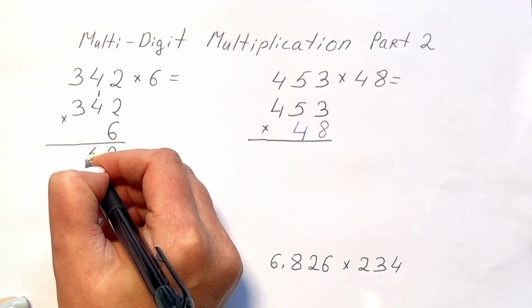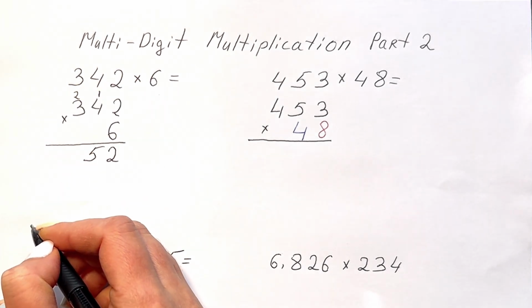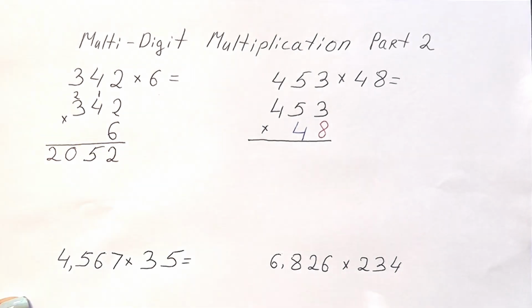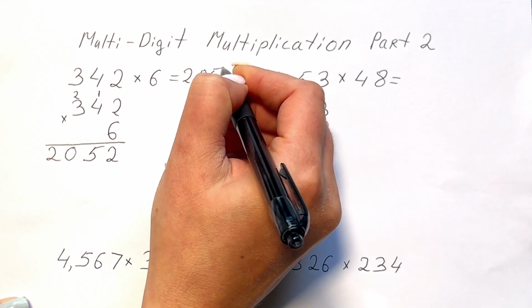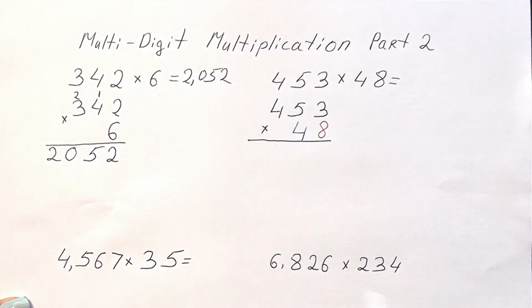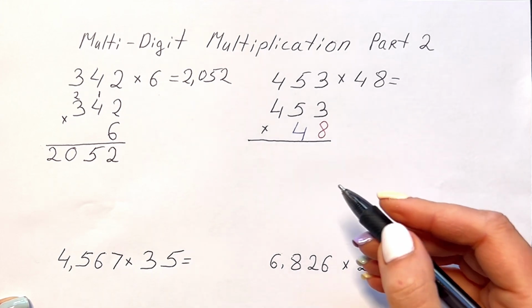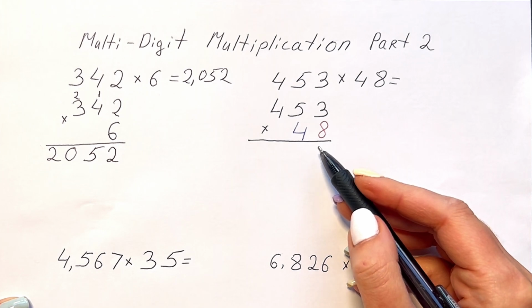We will put the 5 and carry the 2. 6 times 3 is 18. 2 more will be 20. So 342 times 6 is 2052.